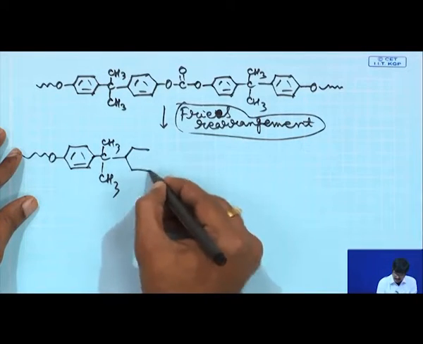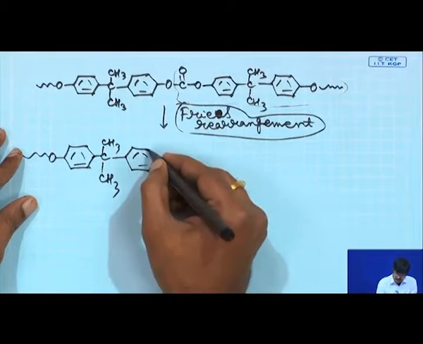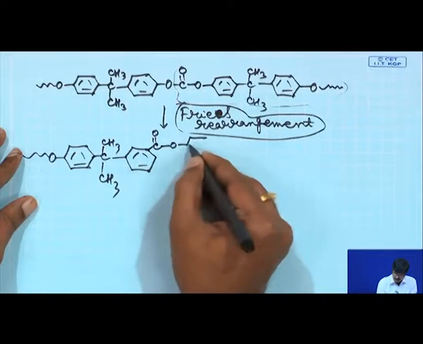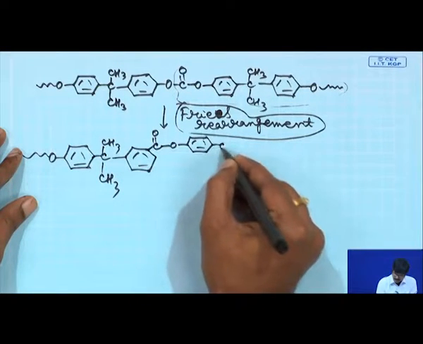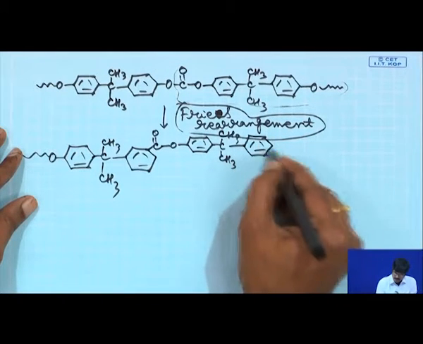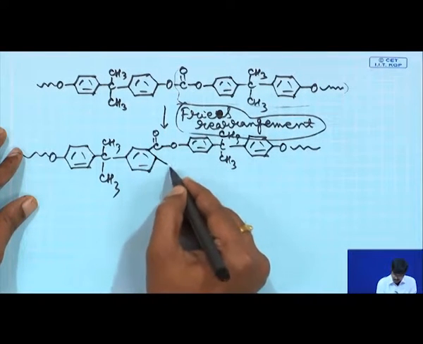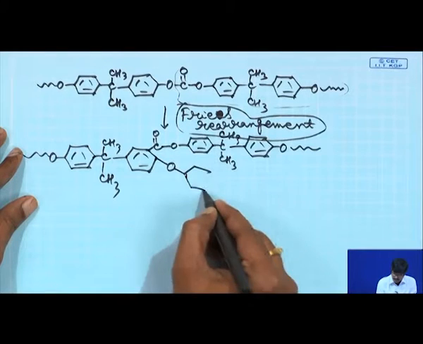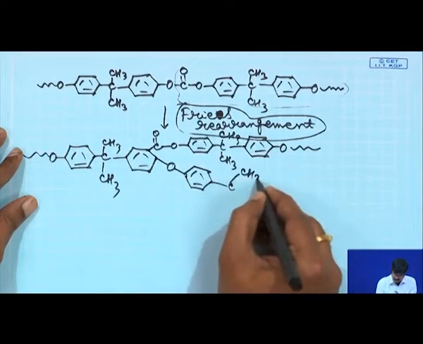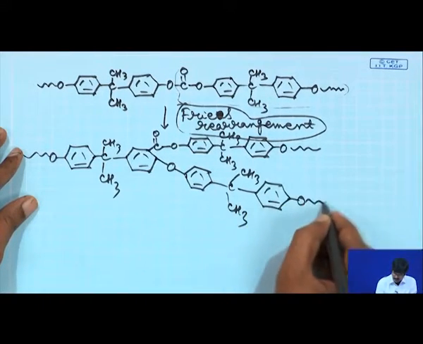So, this will go here. Basically, you will have this C double bond oxygen O, CH3, like this, and here you will have the chain.